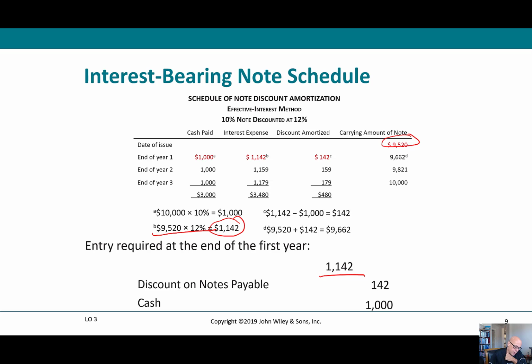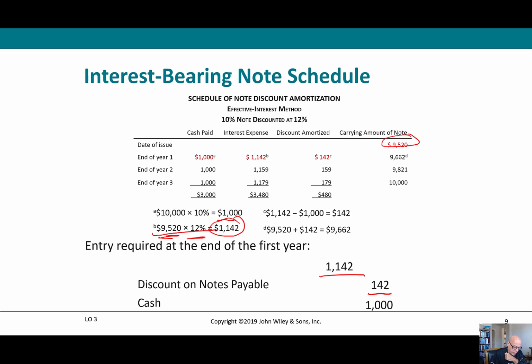However, I'm only going to have to pay this 1,000. So the difference between that 1,000 and the 1,142, which is based on the market rate of interest applied to the carrying amount of the note, is 142. And so I will amortize the discount $142.